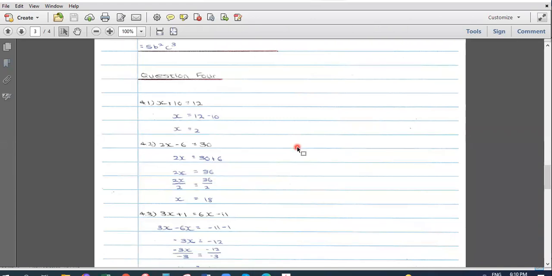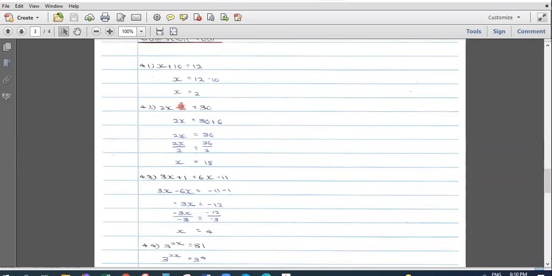The next equation, it's the same idea. 2x minus 6 is equal to 30. We need x on this side, but the first thing we can change is the minus 6. We can remove minus 6. To remove minus 6 or negative 6, we need to add a positive 6. So if you add a positive 6, it's going to be 0 here, but we need to also add a positive 6 on this side.